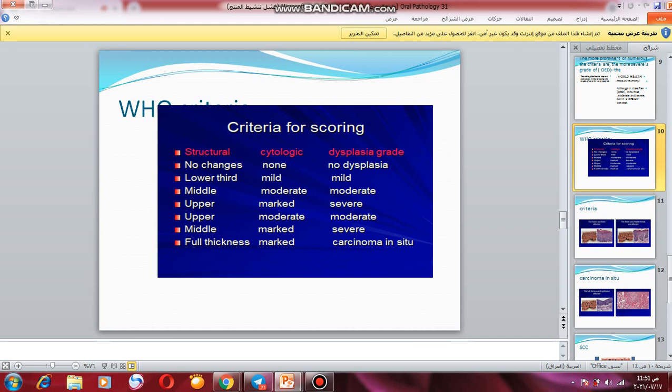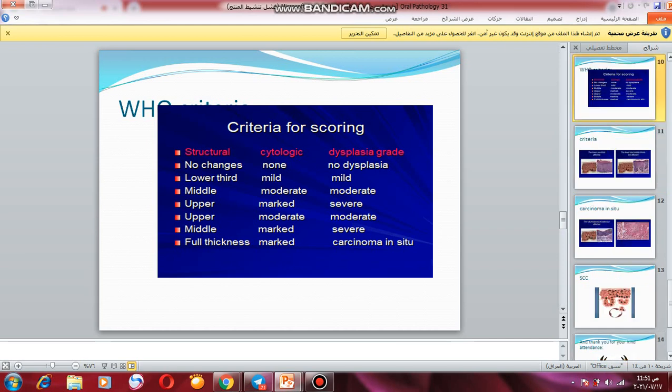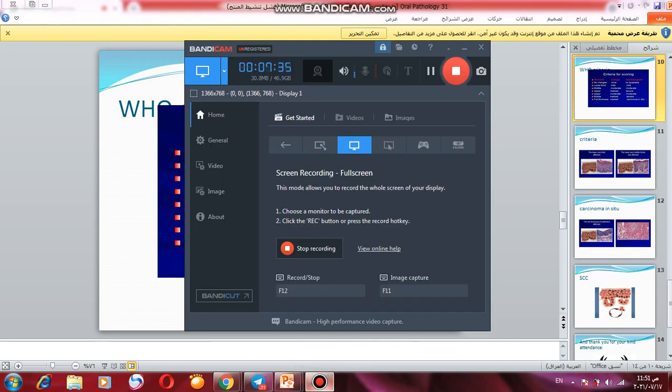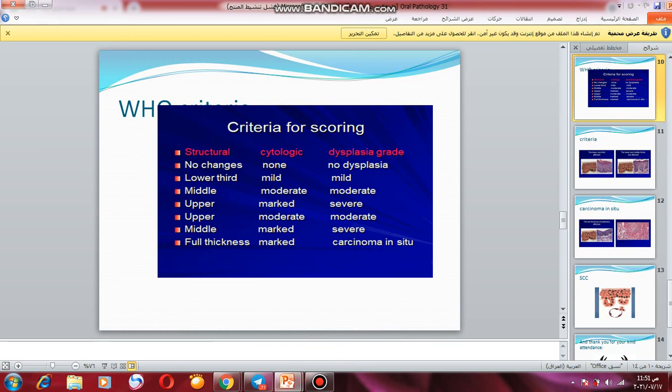Sometimes middle third اللي هو نحن normally نقول moderate, it could be severe. ليش؟ Because they take in consideration the cellular changes and the structural changes. يعني ما بس I have mild, moderate, severe. No. Sometimes middle third could be severe, or sometimes the upper third could be moderate.